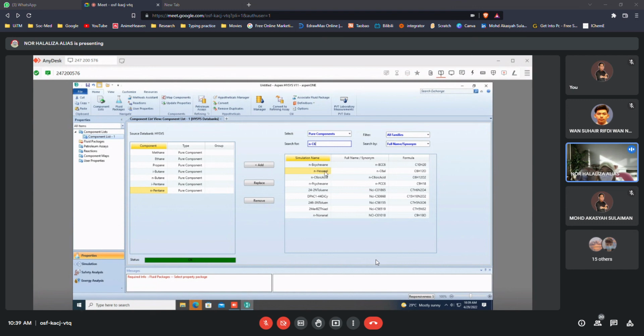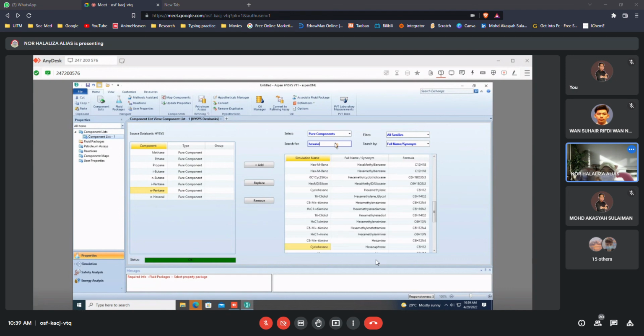Katakanlah saya contoh je, setelah saya double click dia masuk N-hexanal. Lepas tu barulah saya nampak hexane. Ada tak hexane kat sini? Saya type. Ni sepatutnya N-hexane ni. Okay, saya klik dulu. Masukkan.